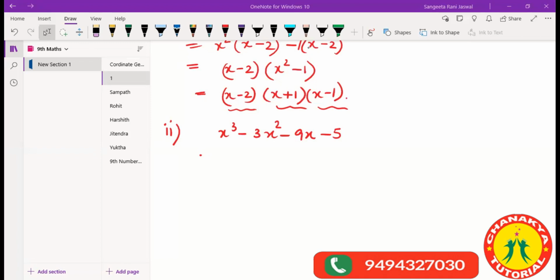Ma'am, I'm getting different values. Yes, children, are you able to do it now?